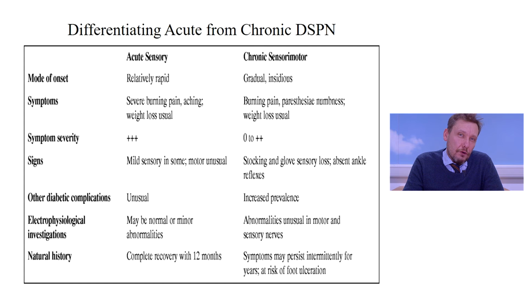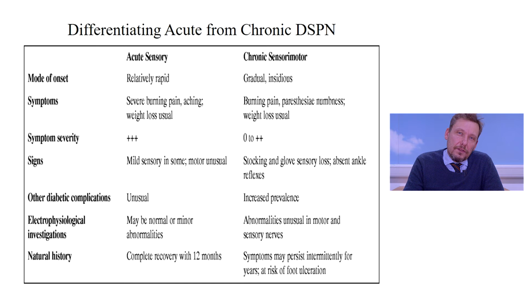We also commonly see in clinical practice, although we don't really understand the underlying pathogenesis driving it, a differentiation between different forms of DSPN. So we not uncommonly, particularly in relatively young patients, perhaps with type 1 diabetes, see acute sensory DSPN, which is associated with really quite debilitating and severe pain symptoms.